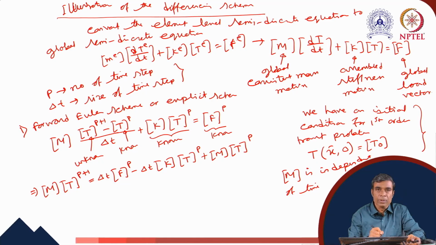So in this case, we see that every quantity in the right hand side they are known.